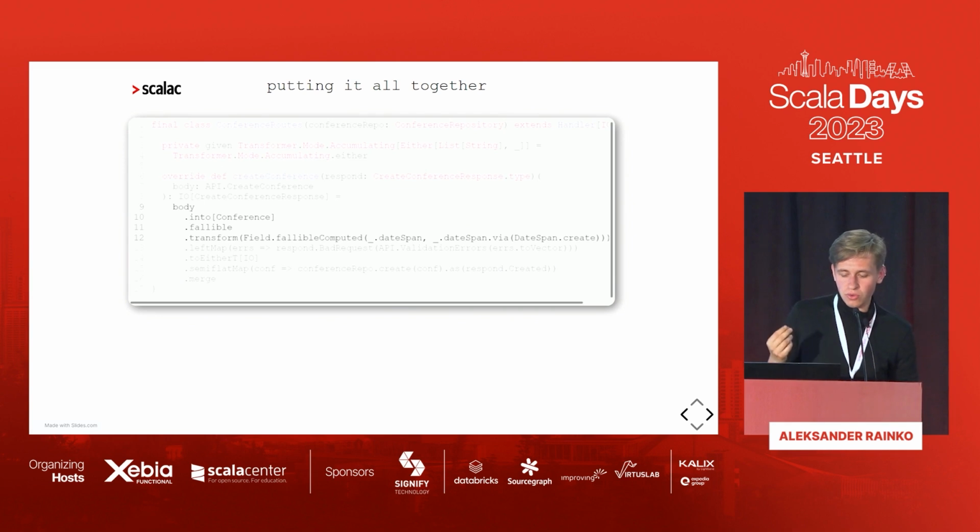So we just do field.fallible computed. We pick the datespan field and then just invoke the datespan constructor on the thing from the API, basically by using via. We don't have to use via, but you know. We then map all of the validation errors to a 400 response. And then at the end, we just do the business logic thingy of creating a conference in a database.